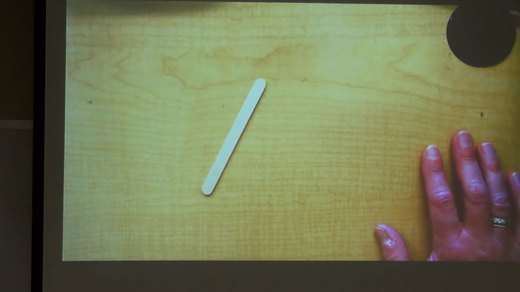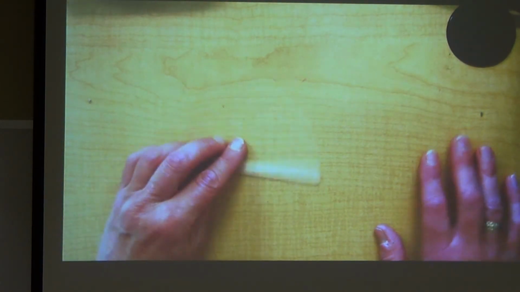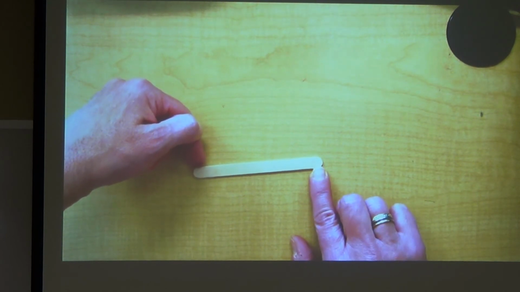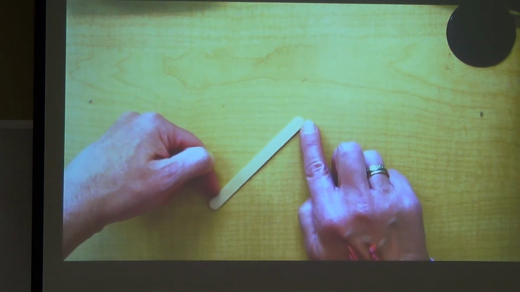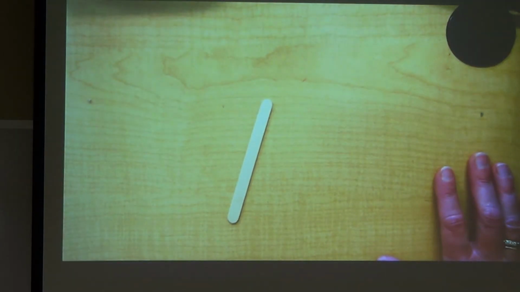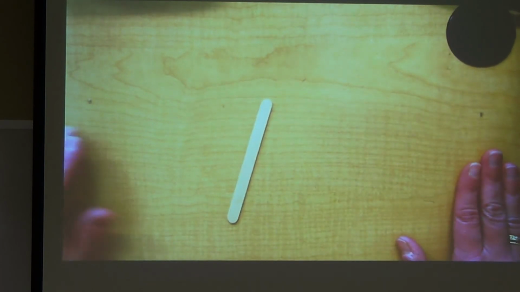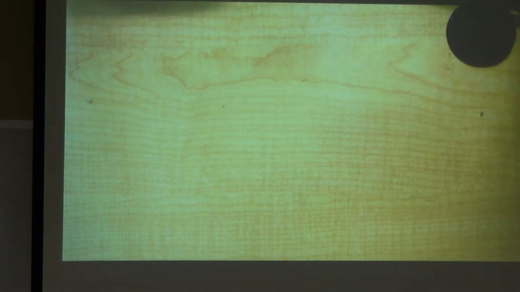Is there any translational? No. So the net result of a couple, which is two forces acting in opposite directions with the same magnitude, the only resultant that occurs is a rotational motion. Okay? So on Thursday we'll do couples.